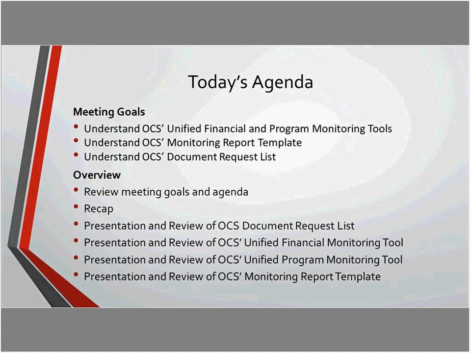So today we're going to have you all understand, so we're doing this in-depth briefing. Both the Unified Financial and the Program Monitoring tools, Tricia and Bill are going to present those. Then OCS's or DCA's monitoring report template, and then the document request list ties to the report template.